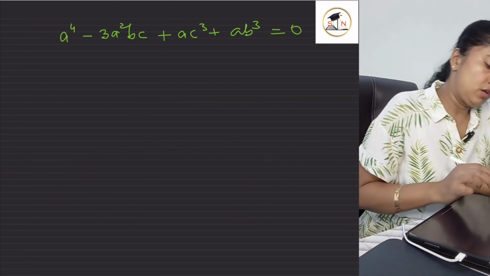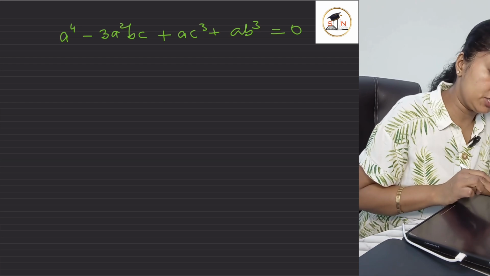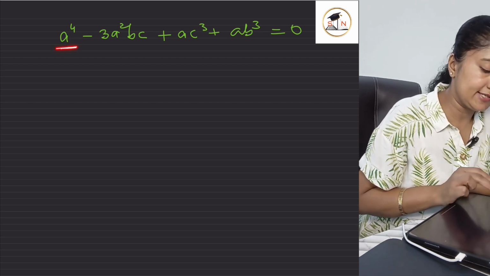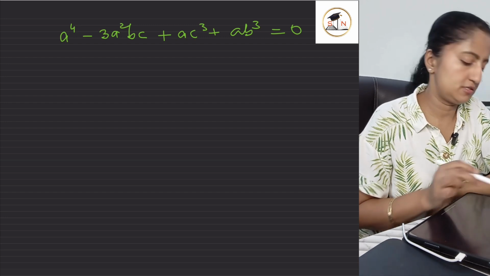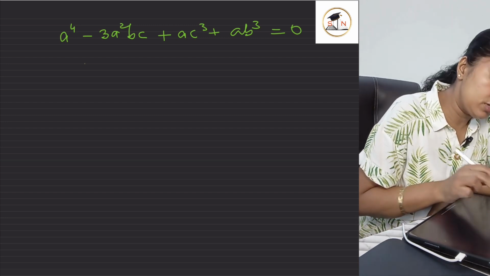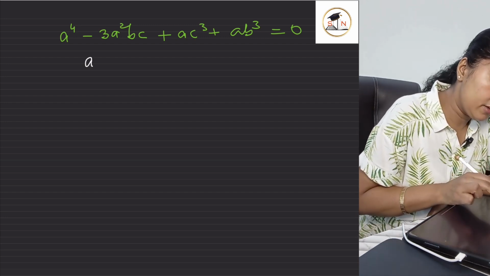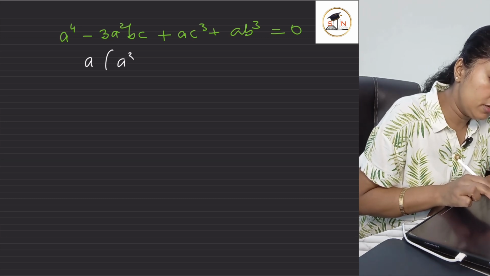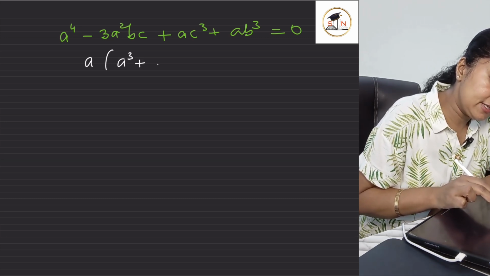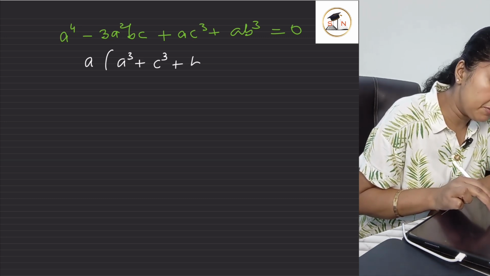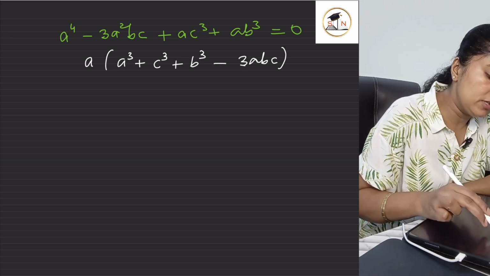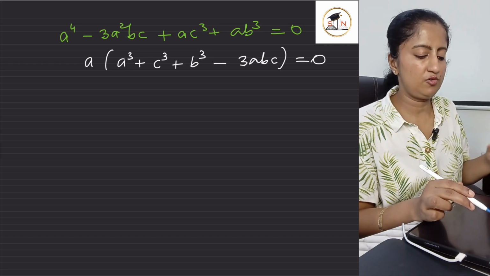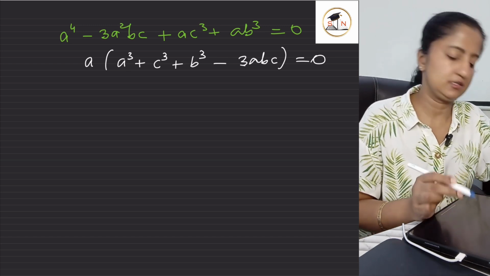Okay. Now, what can we see from this expression? I have got a as a common factor present in all the terms, right? So taking that out gives me a cube plus c cube plus b cube minus 3abc equals 0. And now we are very close to our final answer.